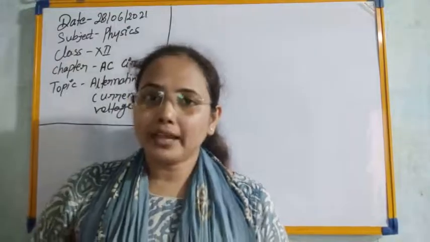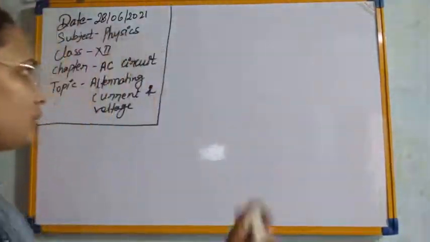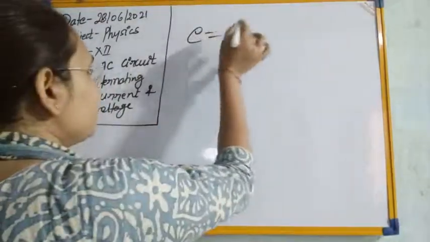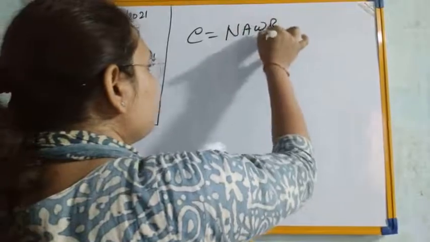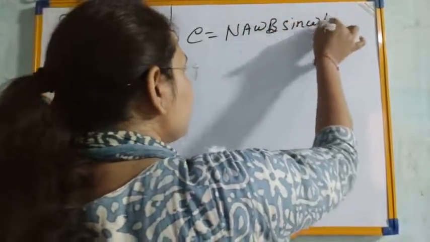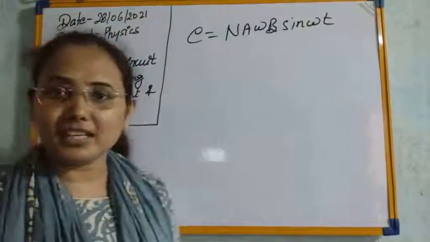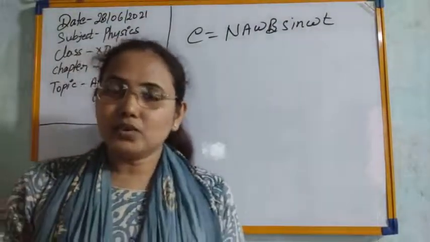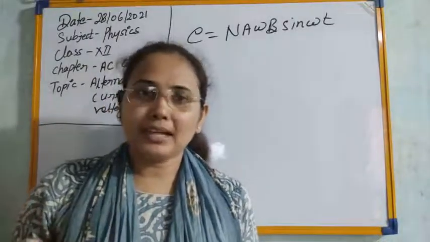To remind you again, let's write the equation we discussed for the change in orientation. The EMF was given by N A omega B into sine omega t. Here omega t is written in place of theta, and theta is the orientation that is changing with respect to the magnetic field.